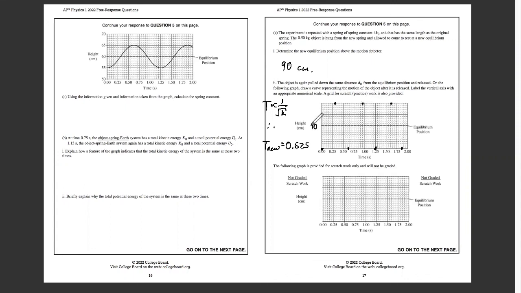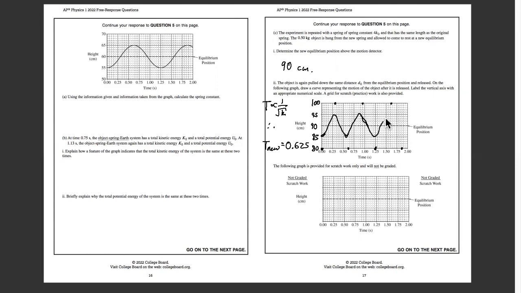Now, equilibrium would be at 90. I'm pulling the spring down 5 centimeters. So I'm going to make this 85, this 80, this will be 95, and this will be 100 right here, just for the sake of simplicity. And so I would expect the graph to look something like this. This is a little bit tricky for me to draw.